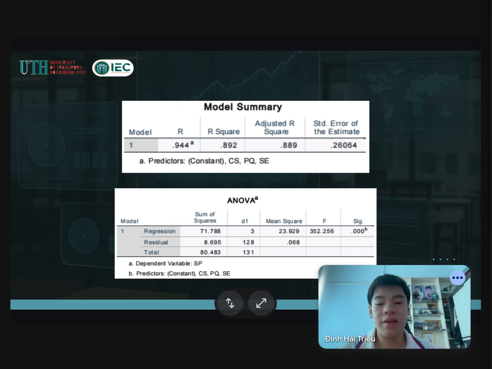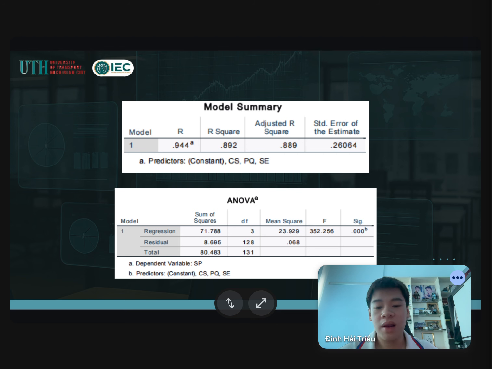Overall, the regression analysis confirms that product quality, service experience, and customer satisfaction are strong predictors of service performance. These findings provide statistical support for our proposed research model.